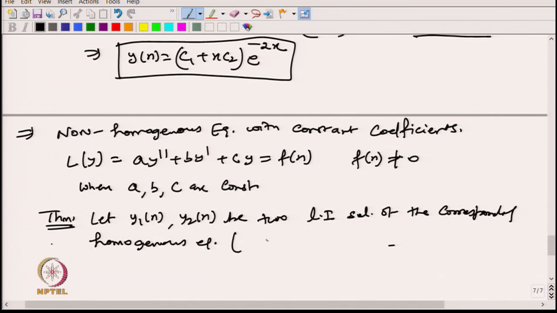That I can write as a y'' + b y' + c y = 0. So, this is the corresponding homogeneous equation attached to this non-homogeneous equation.